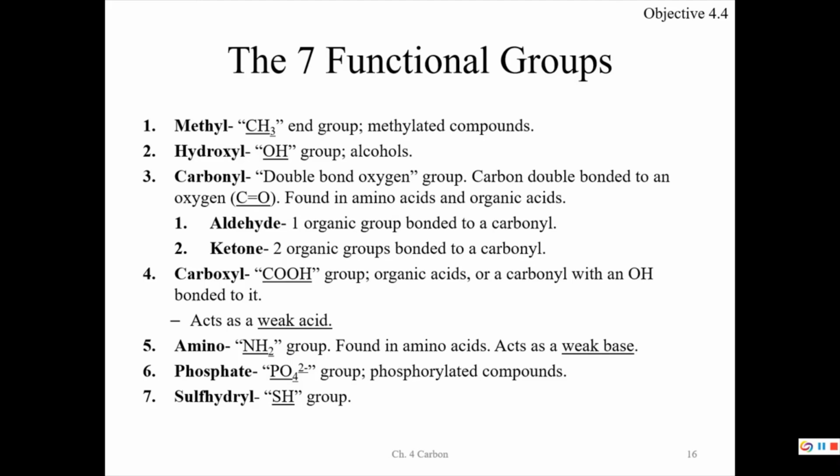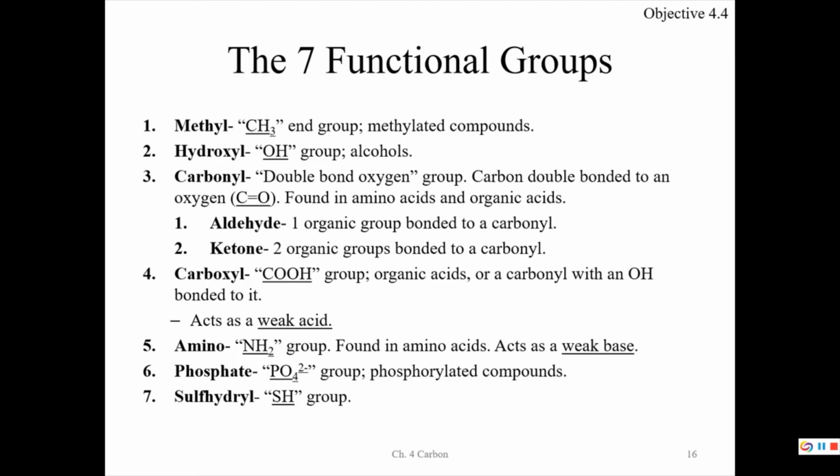Hydroxyl, OH, are in alcohols. Carbonyl, which is carbon double bonded to oxygen, can be found in amino acids and organic acids, especially aldehydes and ketones. Aldehydes have one organic group on the carbonyl. Ketones have two organic groups on the carbonyl.